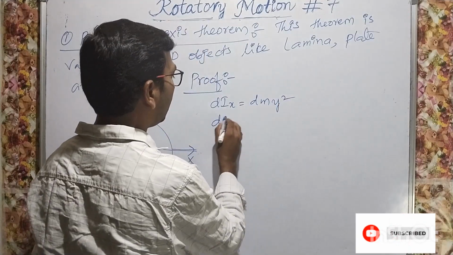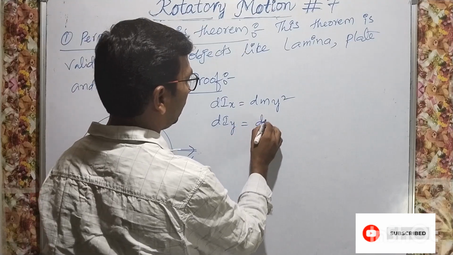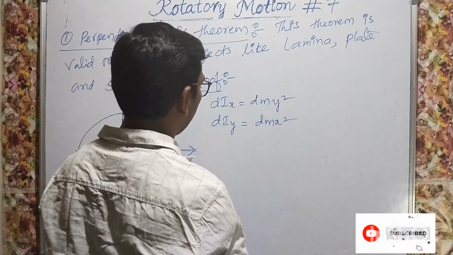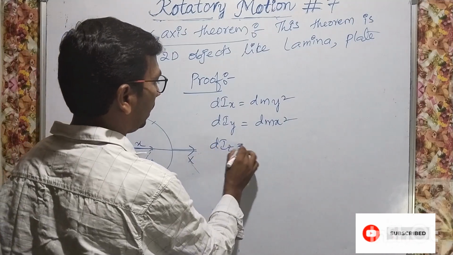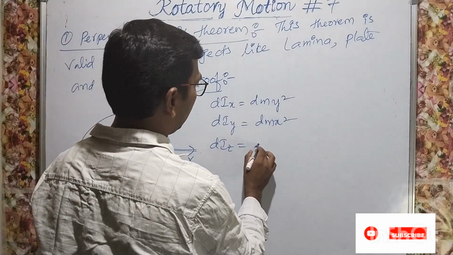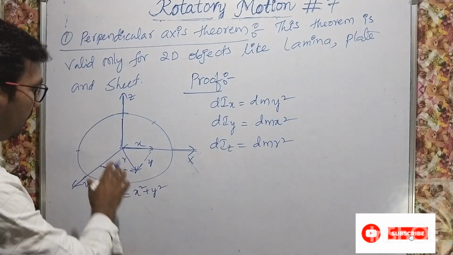So diy is equal to dm x square. And diz is equal to dm r square, since the perpendicular distance from the z-axis is r.